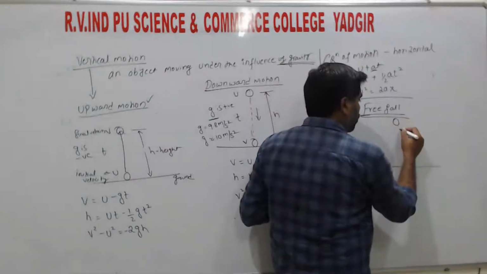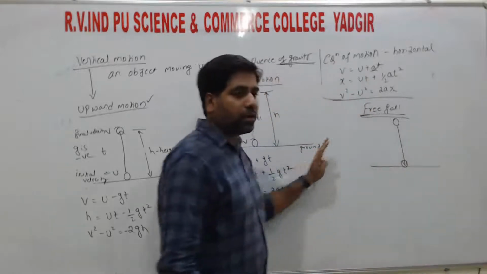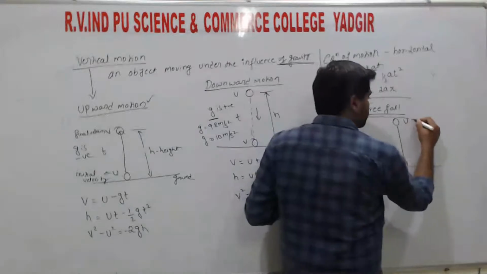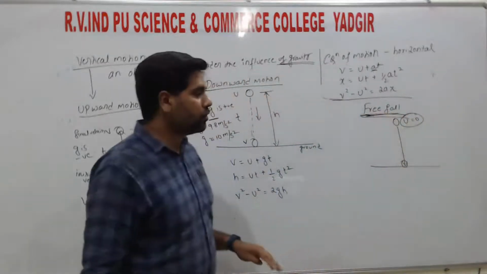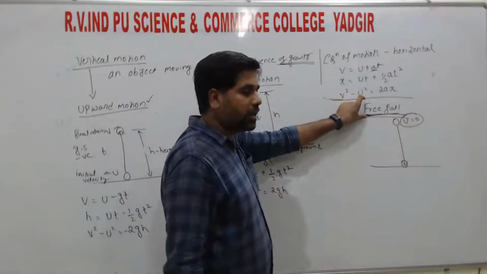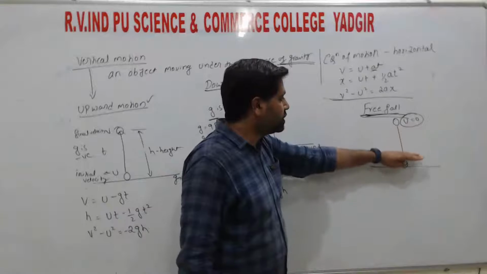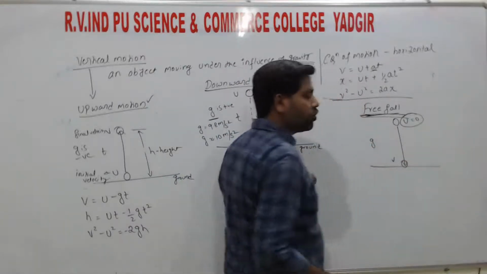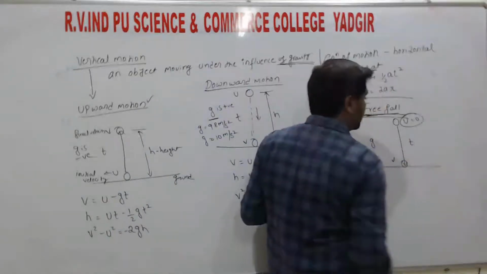If we consider an object here, it will reach the ground here. This is a special case. Here its initial velocity u is 0 for free fall. Wherever they mention free fall, its initial velocity is always 0. It gains the velocity v by the acceleration due to gravity, and it takes some time t.